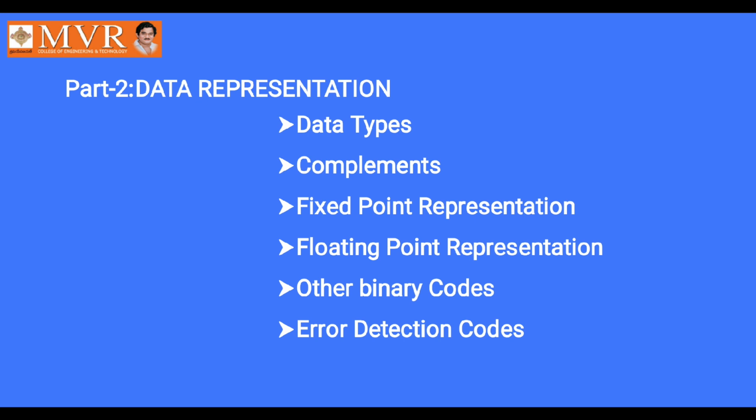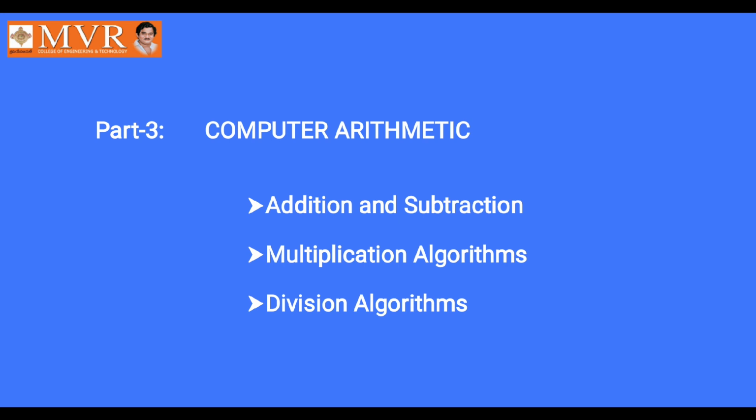Part 3 of this unit discusses computer arithmetic. It contains the basic operations that in general we can perform: addition, subtraction, multiplication and division. How can these 4 operations be done by using our computer, and what are the various logic behind performing them?